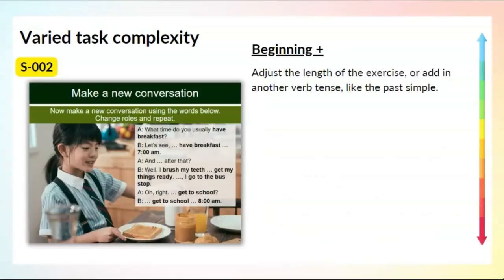Next, let's take a look at an exercise where students are asked to make a new conversation using the words on the slide. For your more advanced beginners, you could adjust the length of the exercise or add in another verb tense, like the past simple, so students can say what they did this morning, for example.